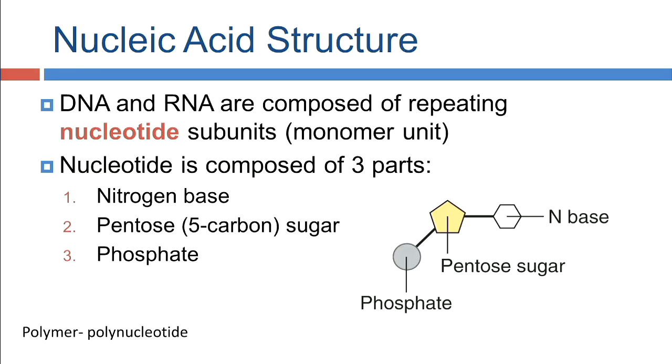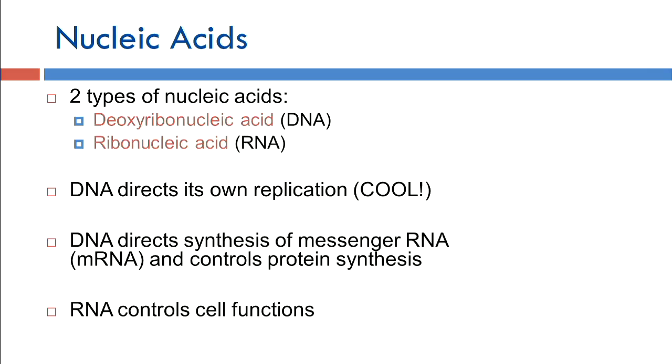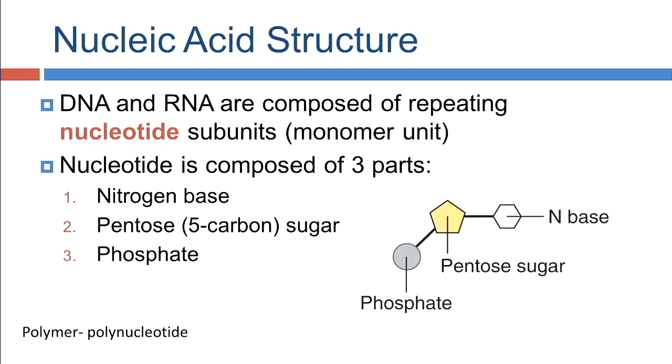Okay, so structure is important. Your repeating unit is a nucleotide. For both RNA and DNA, we call it a nucleotide. That's your monomer, so you're going to attach this nucleotide over and over and over. The bond is a phosphodiester bond.